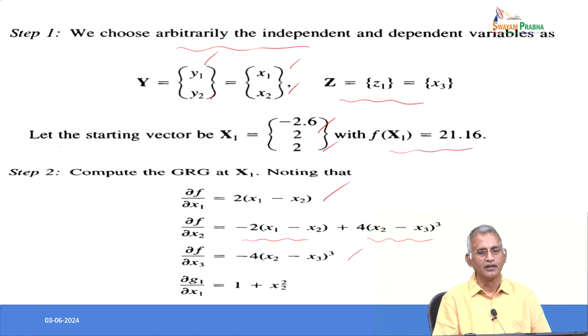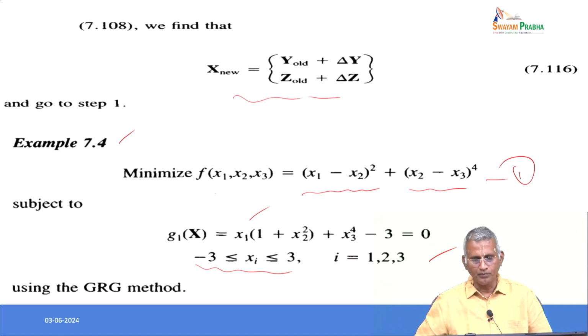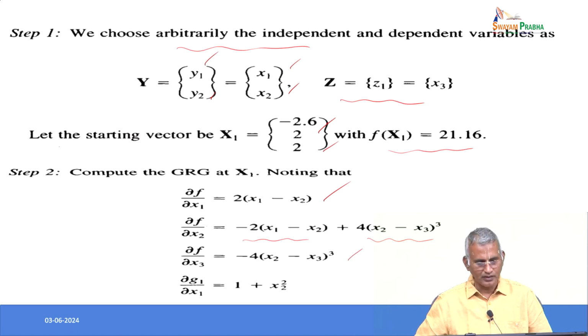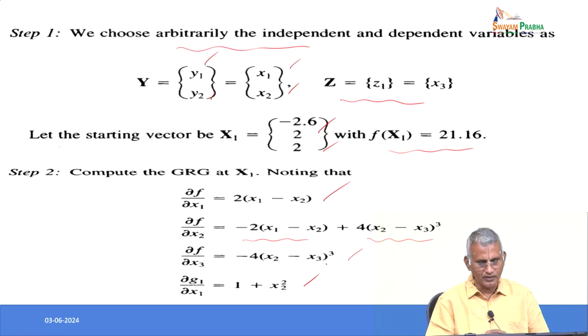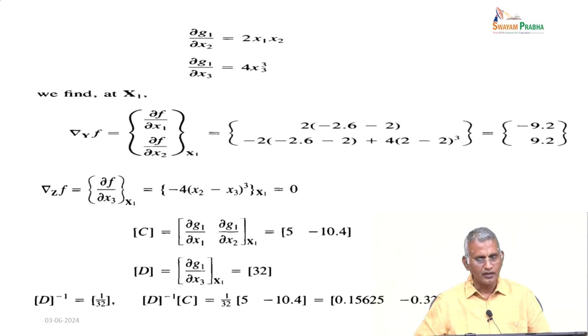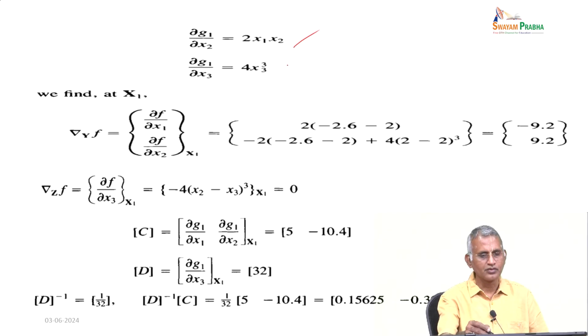Then g1, we know that this is g1, differentiate partially with respect to x1, therefore 1 plus x2 square. Similarly, g2 you do that, you have 2 x1 x2, and then with respect to x3, 4 x3 cube.